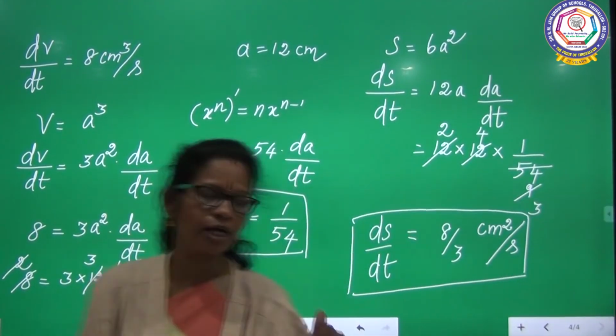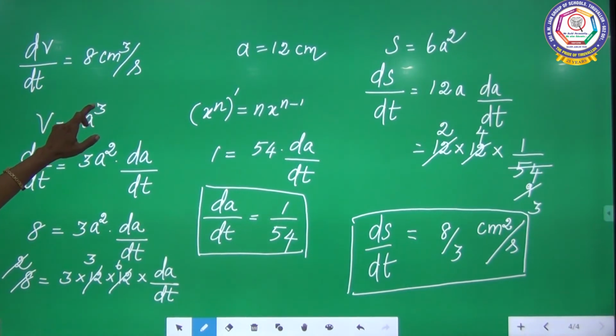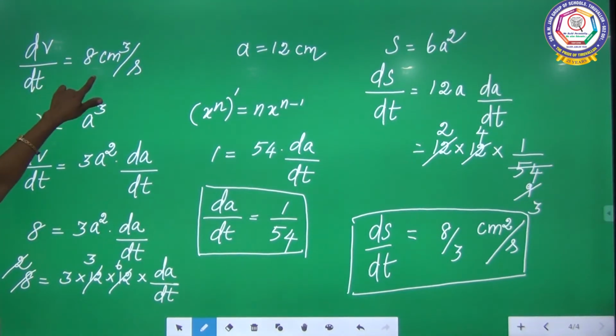Again I repeat the sum. The volume is increasing at the rate of 8 centimeter cube per second, given. The statement I converted into the format dV by dt equal to 8 centimeter cube per second.